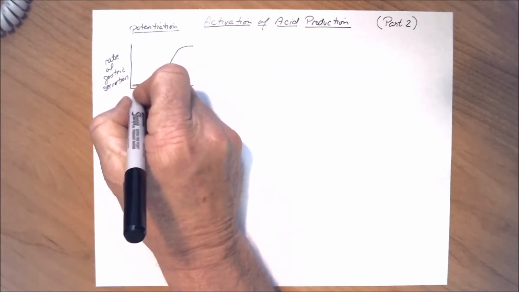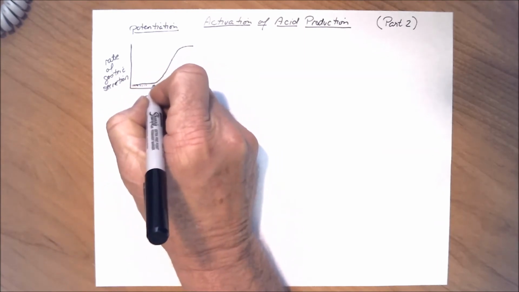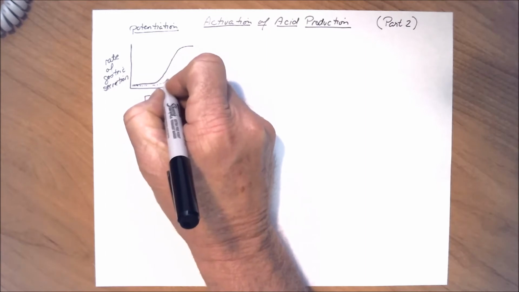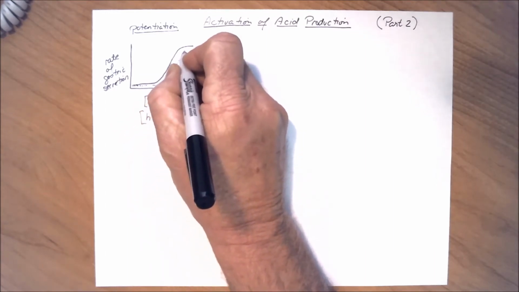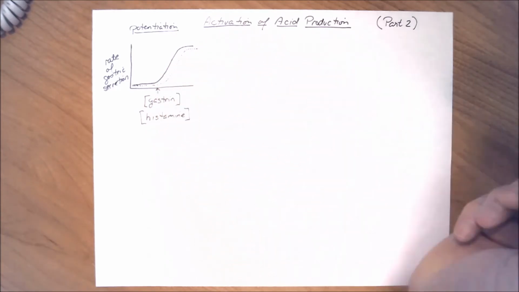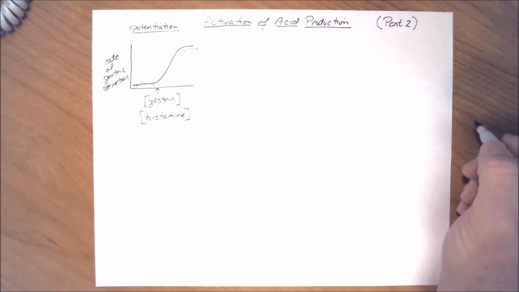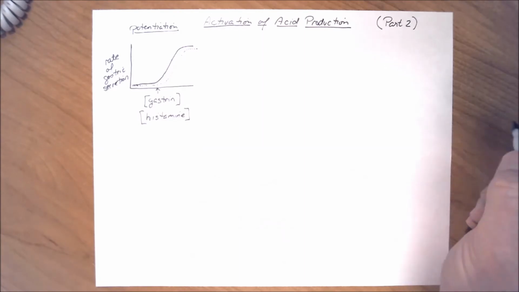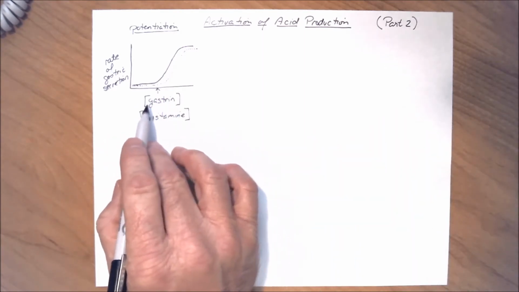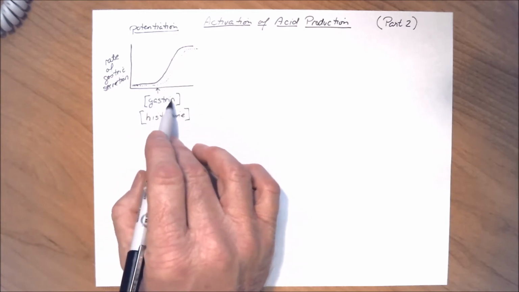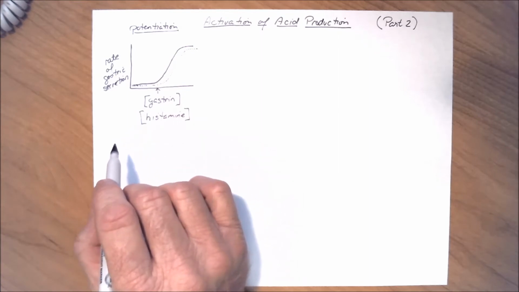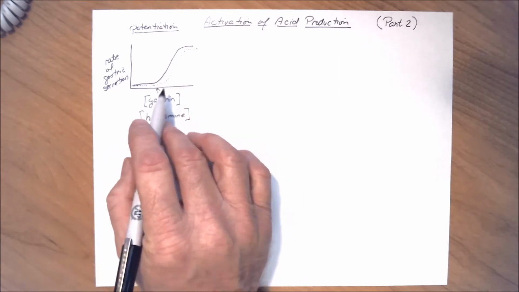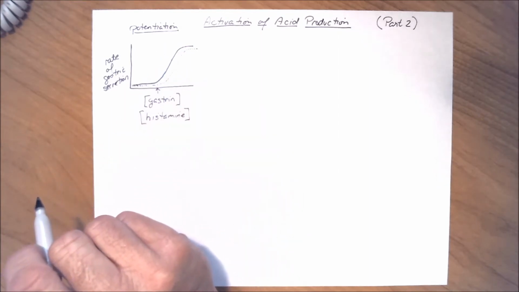With low concentrations of histamine, there is very little effect, and then as we increase the concentration of histamine, we see a positive effect on the activation of acid secretion. The concentrations at the thresholds for gastrin and histamine are not equal. Gastrin is a much stronger inducer, but this is mostly descriptive.